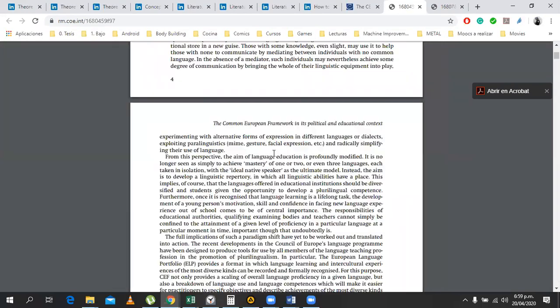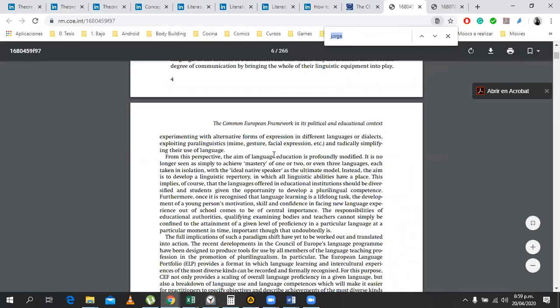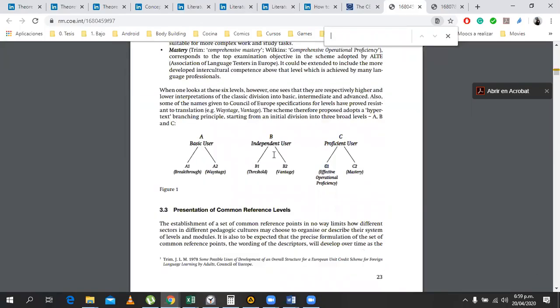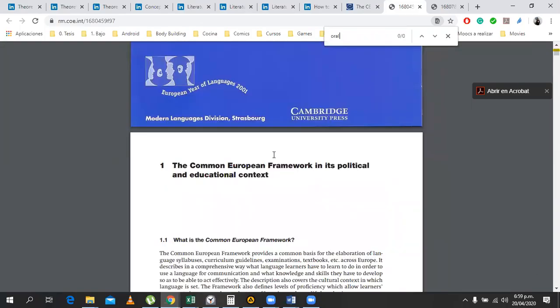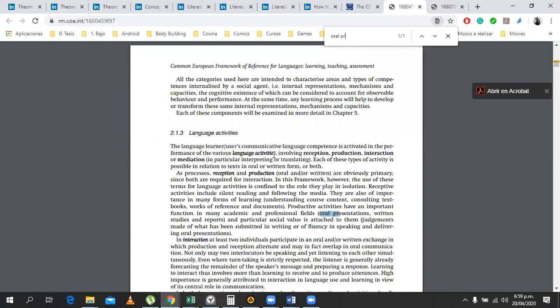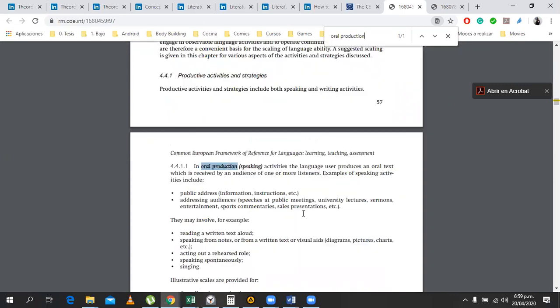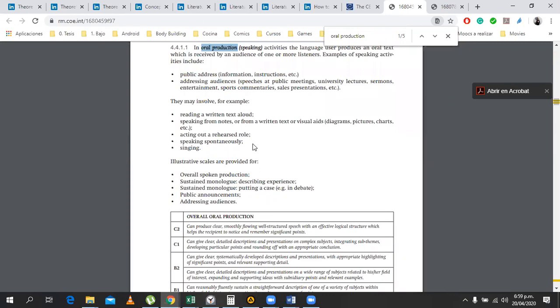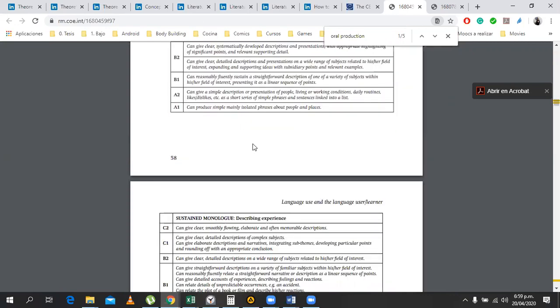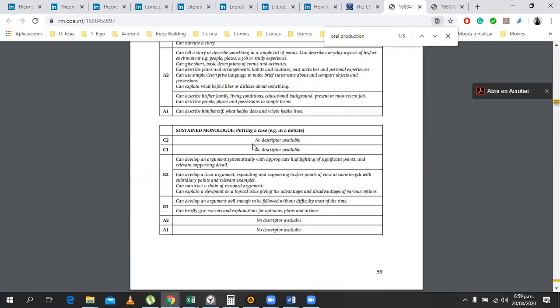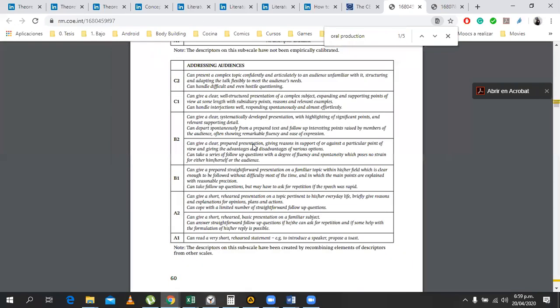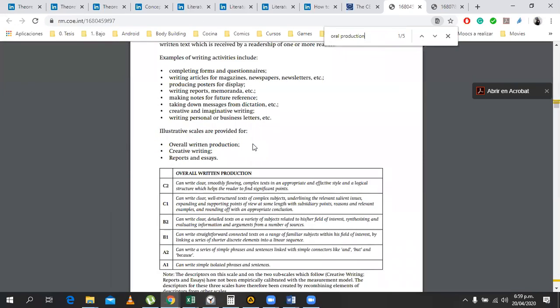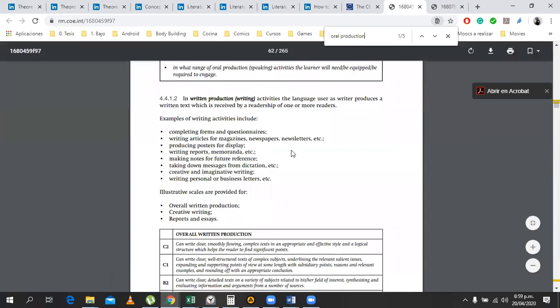But if I'm not wrong, right here is going to tell you what the C1, not all of production. Right here. So this is going to be some of the ideas that we can take into account as a guide. Now that I remember, it's going to tell you as a guide what to take into account for it to be developed, right?